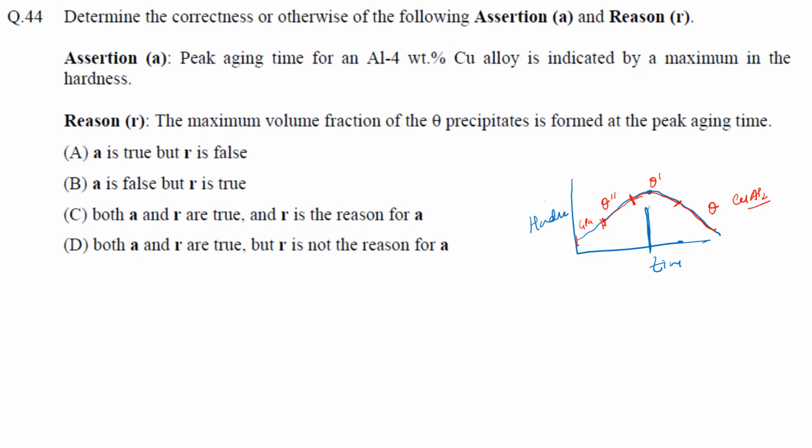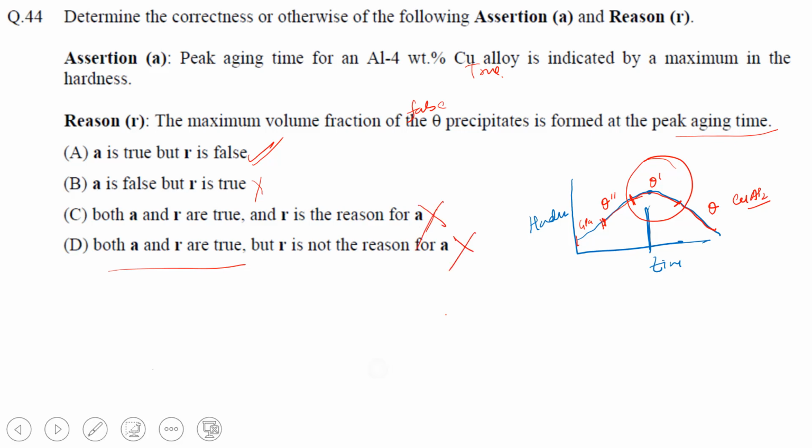So here it is saying that the maximum fraction of theta is found at the peak aging time, but at the peak aging time we have theta dash, there is no theta, so this statement is false and this is true. So A is true but R is false. Yes, this can be the answer. A is false but R is true. No. Both A and R are true and R is the reason for A. No, because R is false. So here also this will not be the answer.